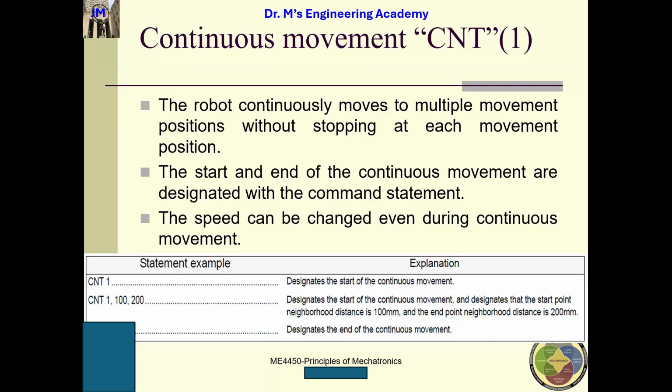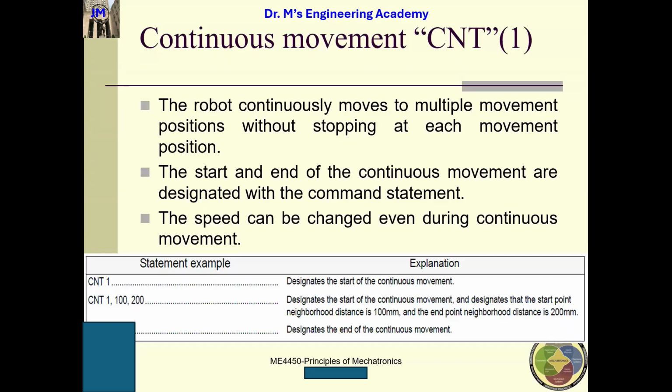Alright? So the start and the end of the continuous movement are designated with a command statement, start and stop, and the speed can be changed even during continuous movement. So CNT1 means you are enabling this continuous movement function, and CNT0 means you are disabling this function. You understand, guys? First, you need to enable it, and then you do something, and then you can disable it.